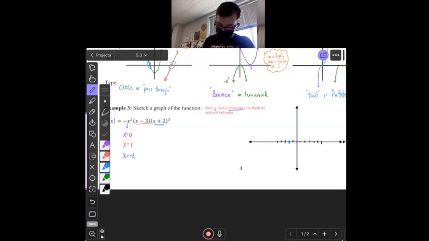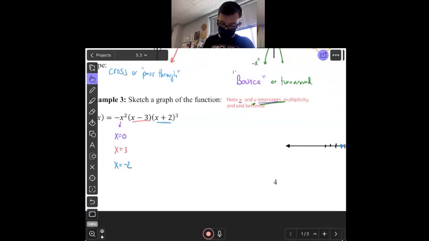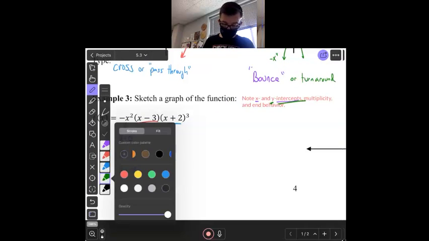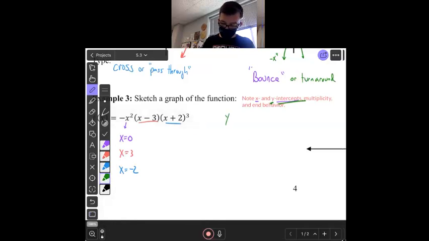Next thing they want us to talk about is the y-intercept. What does it mean to be a y-intercept? Well, if it's an x-intercept, that means y is 0. So for a y-intercept, x must be 0. You guys know that? So I plug in 0. Well, 0 squared is 0, negative 0 is 0. 0 minus 3 is negative 3. 0 plus 2 is 2. 2 cubed is 8.